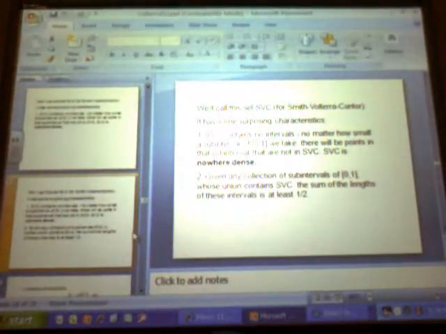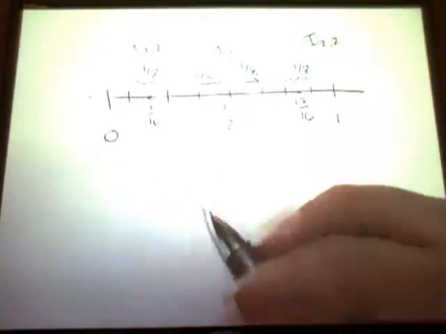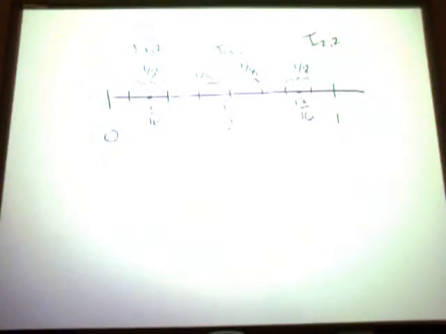At the first level you have 1 interval removed, and at the second level you've got 2 intervals taken out. All right, so that establishes that.